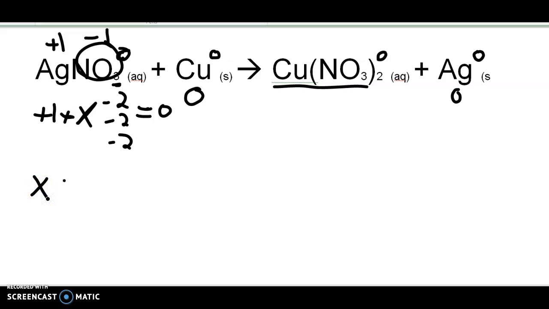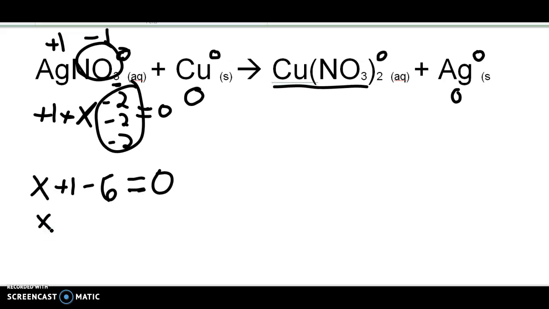We have x + 1 - 2, 3 2's make 6, - 6 equals 0. And so that is ultimately x - 5 equals 0. And same as before, we do the opposite sign to move this guy over to the other side. So x is just +5.